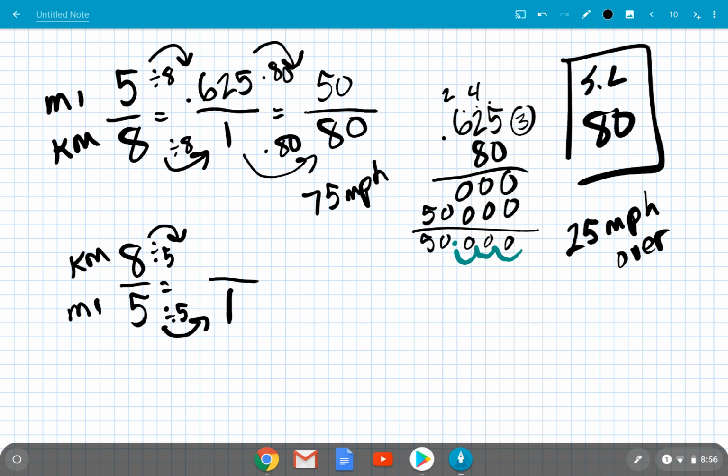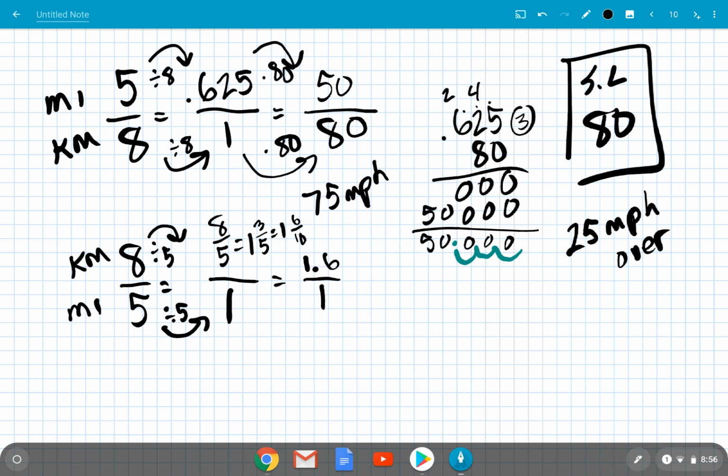So 8 divided by 5 is just 8/5, which is the same thing as 1 3/5, which I can actually turn into 1 6/10, which becomes 1.6 kilometers for every 1 mile. So I've got 1.6 kilometers that I can travel for every 1 mile.